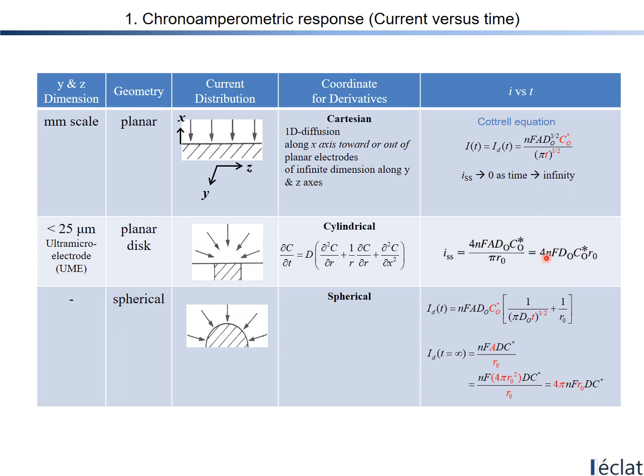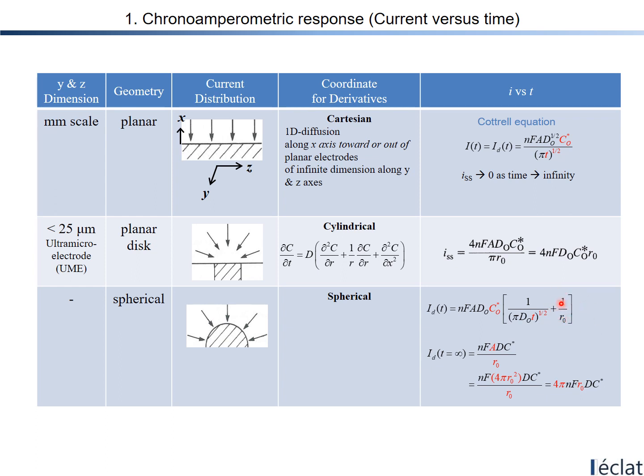But you could find one more term. Here is 1 over r0 with nFAD0 and the bulk concentration. This is the correction term for the spherical electrode. So the diffusion current for a spherical electrode consists of the Cottrell equation plus a spherical correction term.